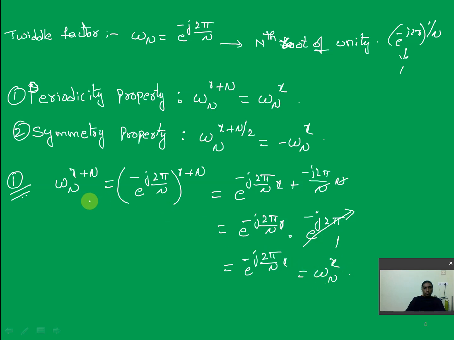In this way you can prove this property: W N power x plus N is always equal to W N power x. Here x is just one variable, so you may take kn values like that, it's okay. So remember this formula.